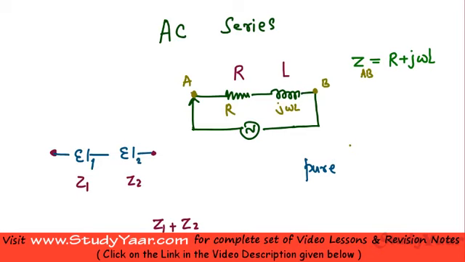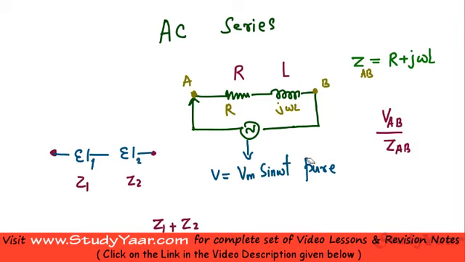If you want to find the current flowing through AB, that would be simply the voltage across AB upon the impedance across AB. Let's say my voltage over here is V equal to Vm sine omega t.